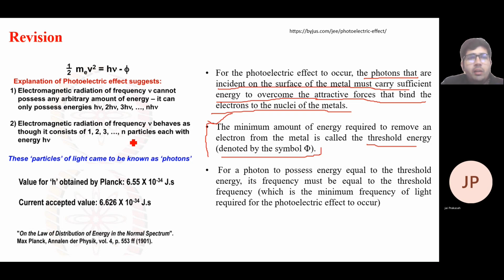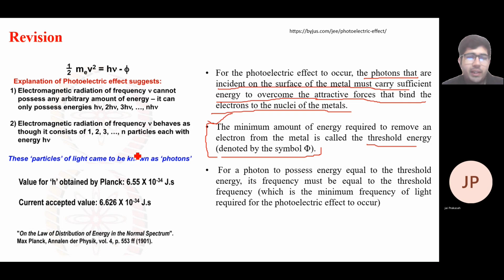If you have more energy, that's okay; the electron will leave the metal surface and will also have some kinetic energy. But there should be a minimum amount of energy required to remove the electron from the metal. That is called threshold energy, denoted by the symbol phi.